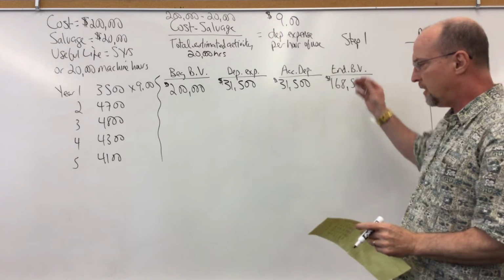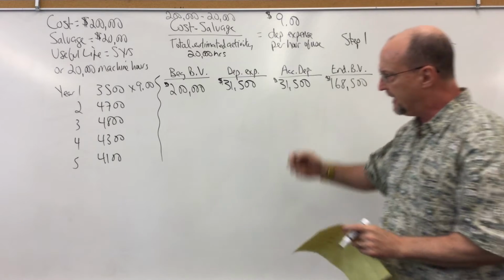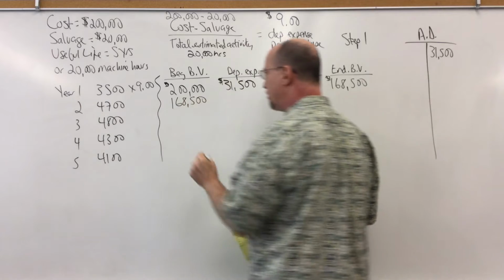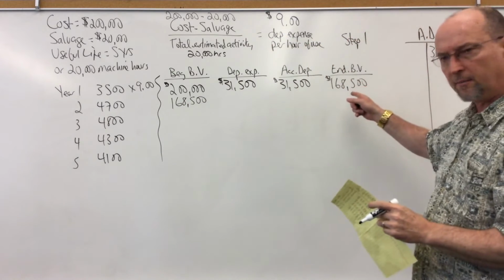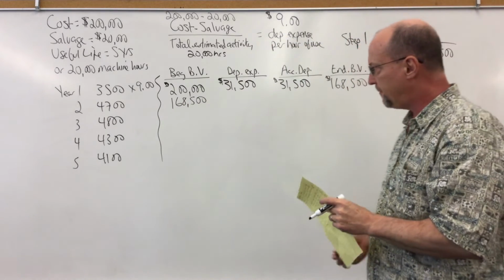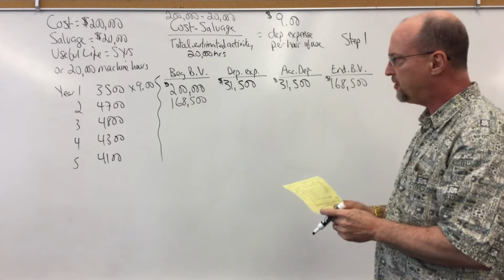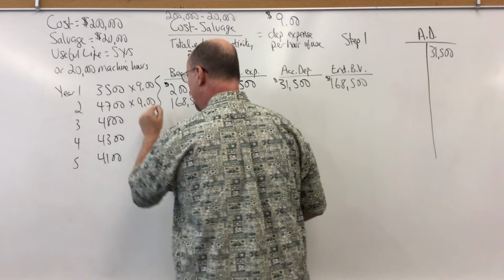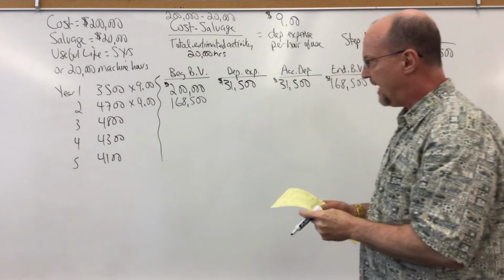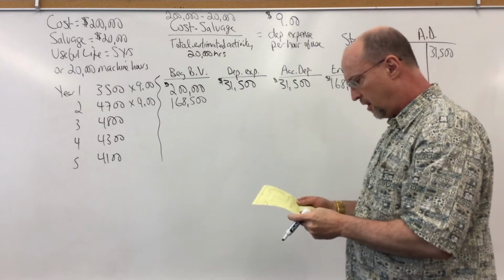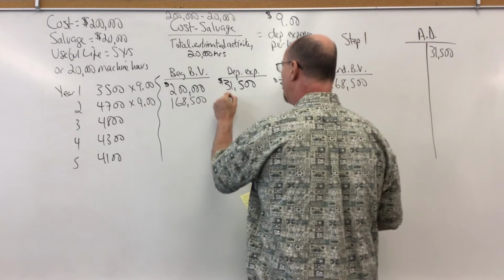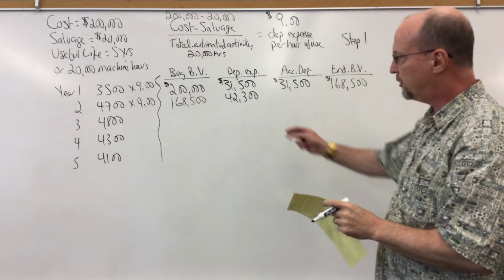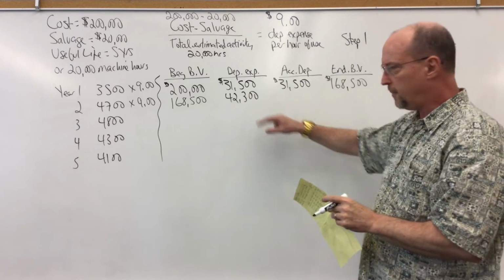The end of year one, the clock strikes midnight, and all of a sudden it's the beginning of year two. So my beginning book value for year two is last year's ending book value, $168,500. Now depreciation expense in year two, I'm going to do the same thing. 4,700 hours of machine use times 9 is $42,300. That's the depreciation expense that'll go on year two's income statement.